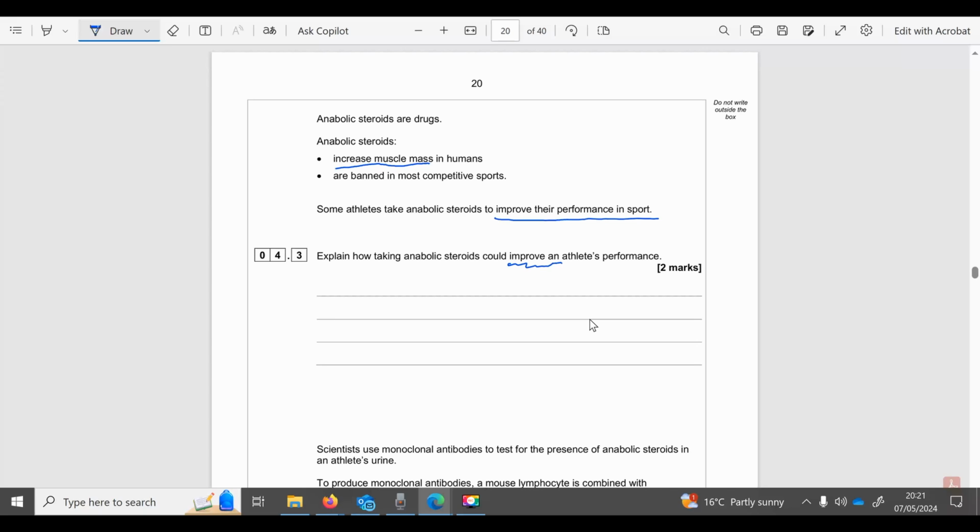Well, what does an improvement in an athlete's performance look like? It sounds like a very vague term there, so let's try and give an example of an improvement in an athlete's performance. Well, a perfect example is an athlete running faster.